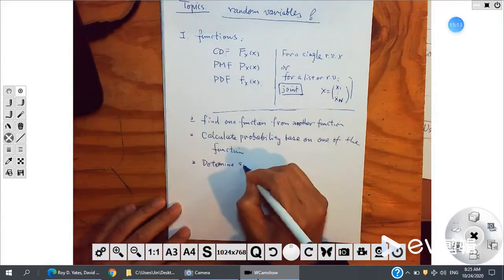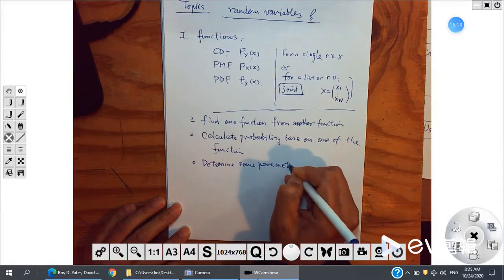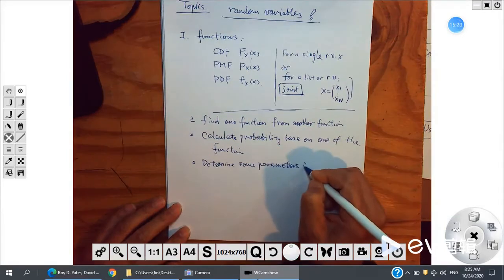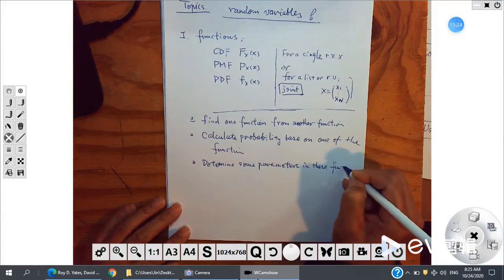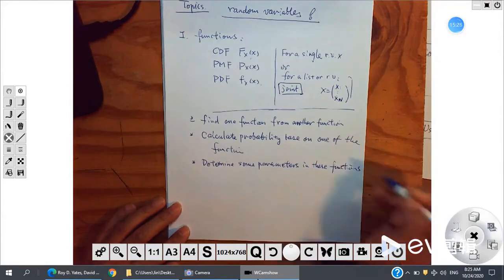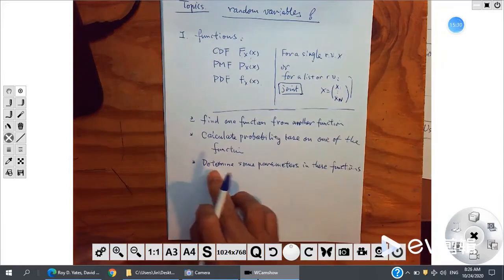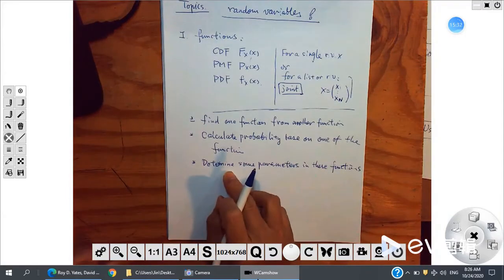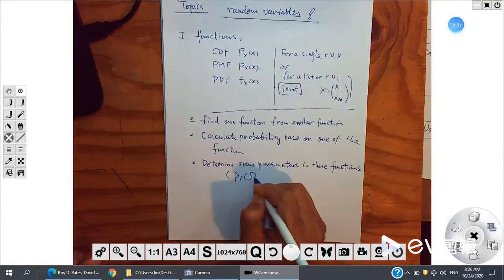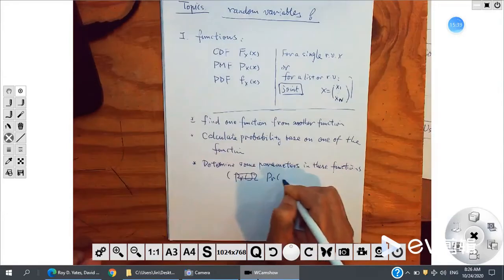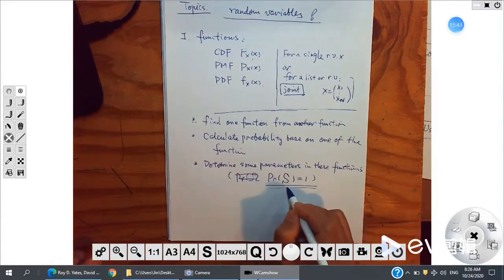In most cases, when you want to determine these, you need the rule that the probability of the whole sample space is 1. In most cases, you need this one.